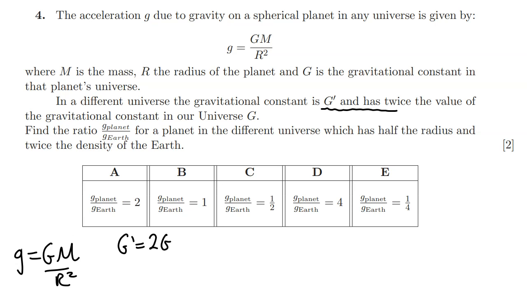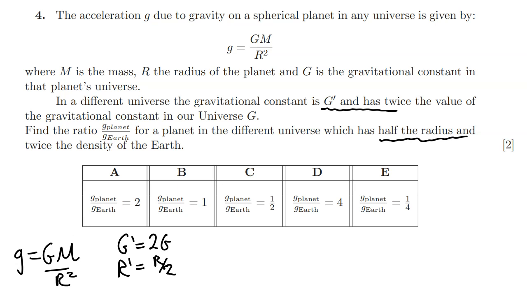Next, we are also told a planet has half the radius. So then we can say that r dash equals r over 2, where it should be clear that the dashes represent the other universe.